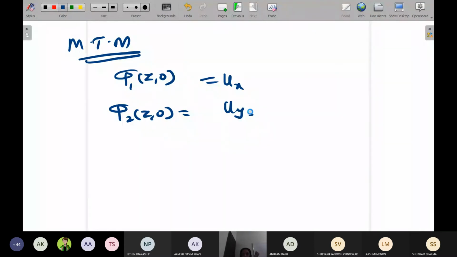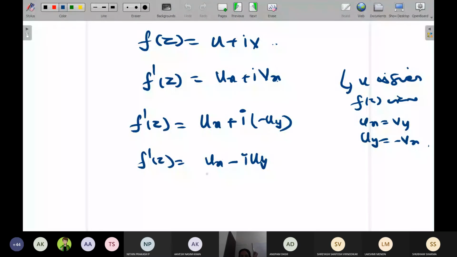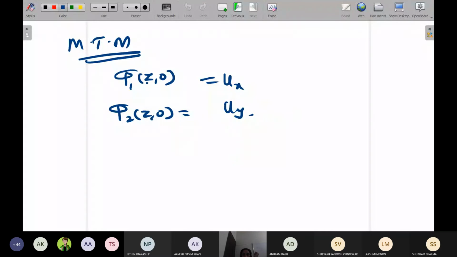What do you mean by that? In this term, wherever you have ux, replace x by z and y by 0 in the ux term. And similarly, in the uy term, replace x by z and y by 0 in the uy.